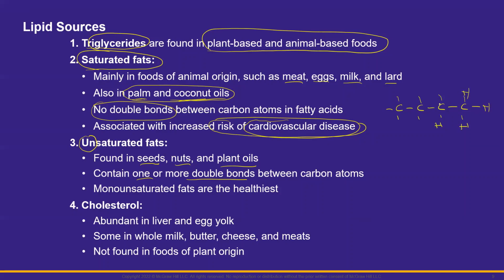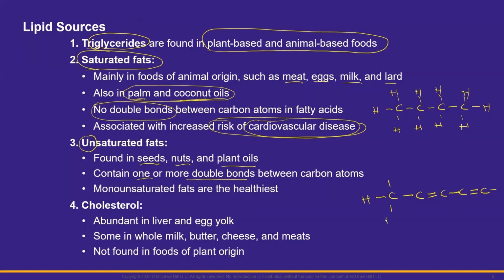That's what is called saturated. So this is the structure of saturated fat. The unsaturated one may look like this, with 2 or 3 or 1 double bond.